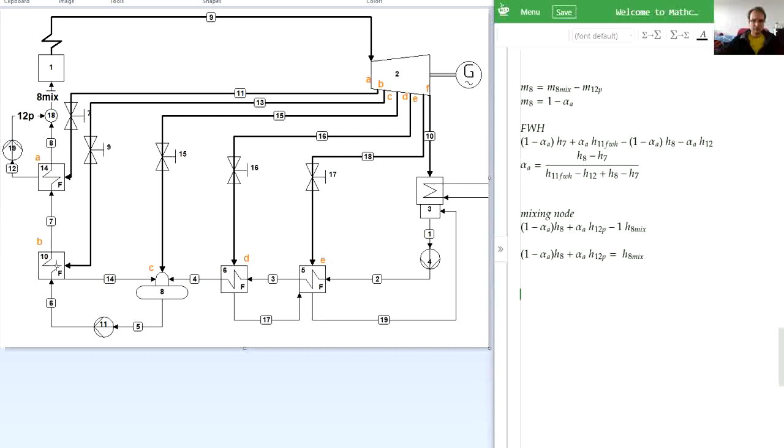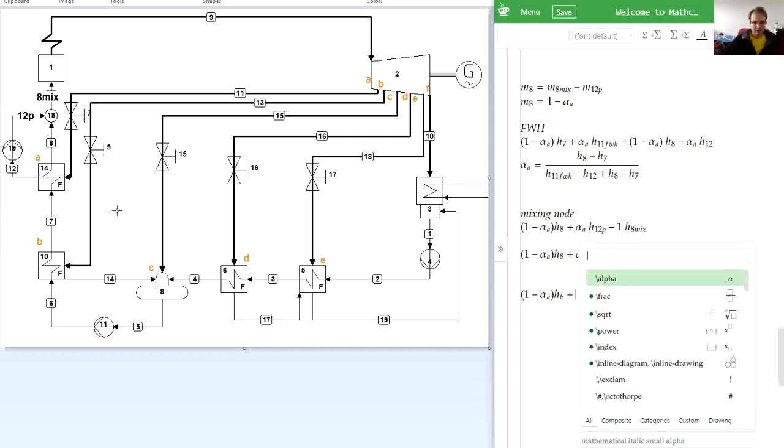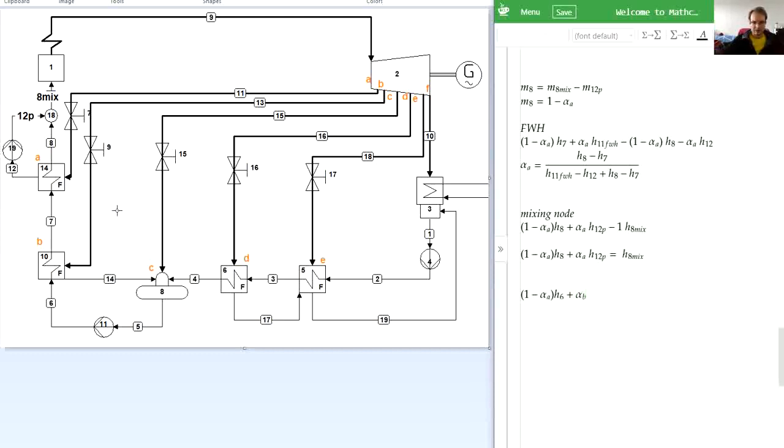So now the feedwater heater B, the inlets are 1 minus alpha A times enthalpy H6 plus alpha B times enthalpy H13 feedwater heater, and the outlets are 1 minus alpha A times H7 and alpha B times H14.